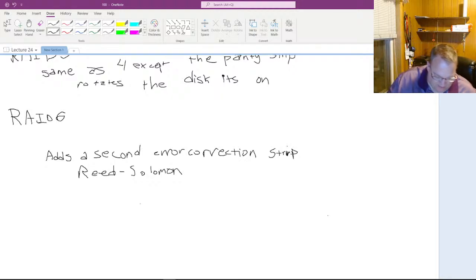And we won't talk about how that works. I'll leave it to you guys to look that up if you want to. But now there's two different error correction things, and one can correct all of them and the other one can correct all of them. So we can rebuild even if two discs fail now, which is really great. So that's the reason why this is in place.